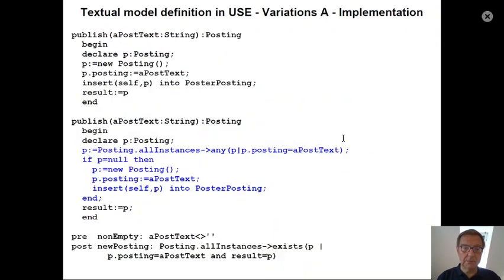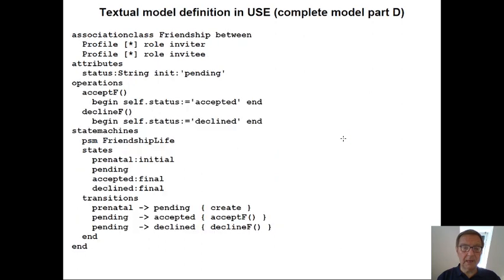Please be aware that we have the class friendship, we have a state machine, and we have declared in particular the states pending, accepted, and declined.